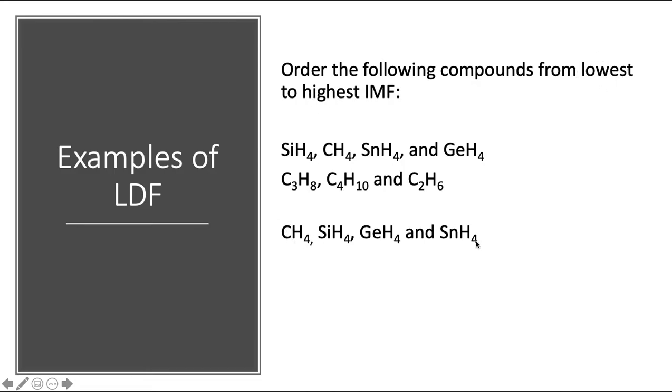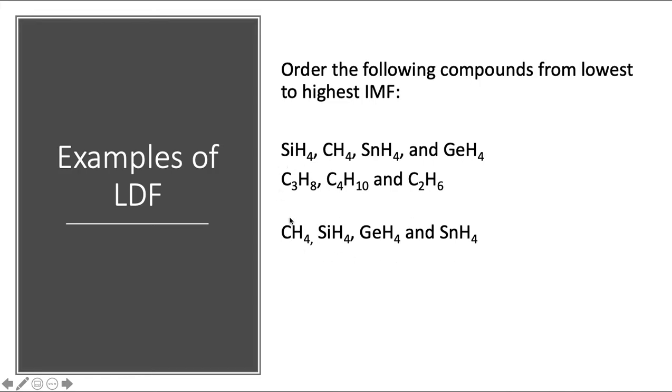Carbon has the lowest, then silicon, then germanium, then tin, because carbon is first in the group, then comes silicon below it, then germanium, then tin. And as I go down a group, the size of the molecule increases, and therefore the intermolecular forces will increase.